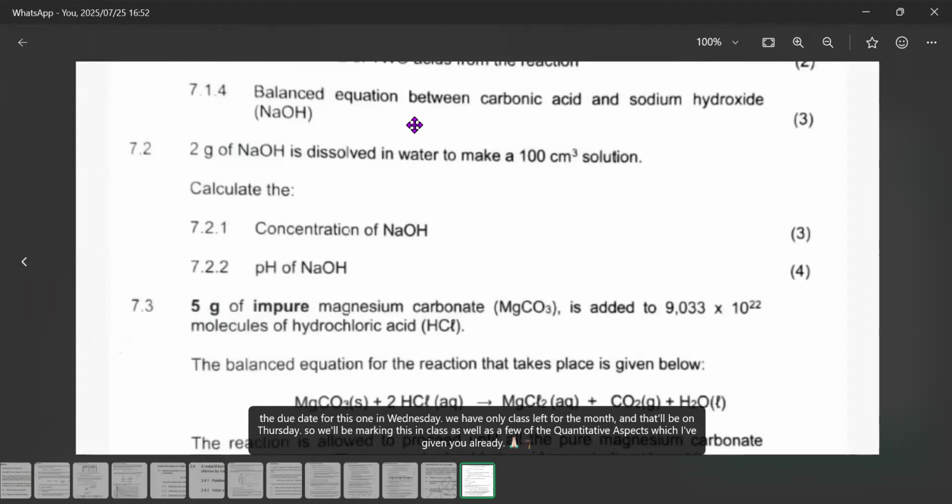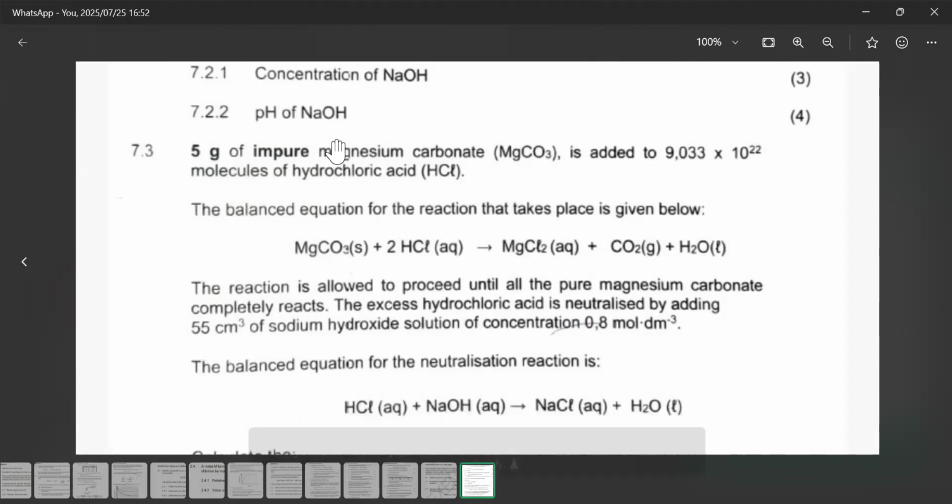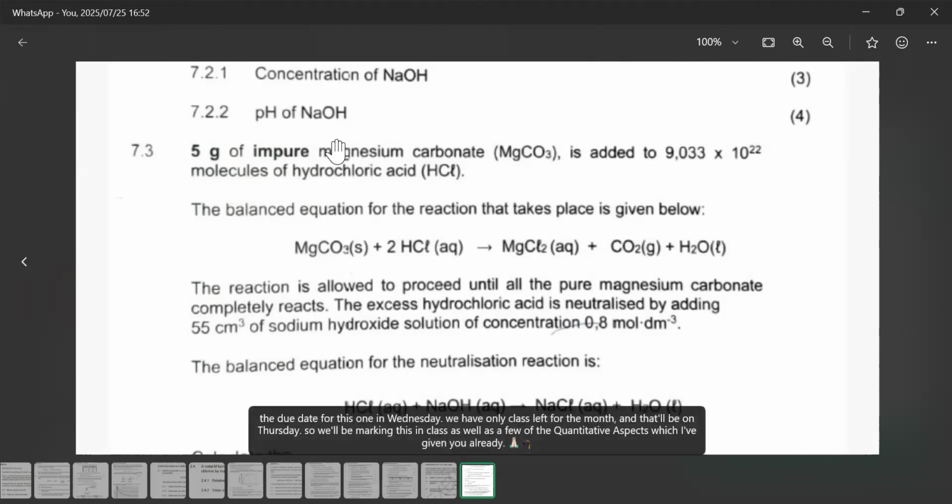So the question is, how can we find this? We just need to know what is the mass that is present in these 5 grams. And how can we find the mass of magnesium carbonate? Well, that's if and only if we know the number of moles of magnesium carbonate. Now the question is, how can we find the number of moles of magnesium carbonate? Well, we can find them by actually finding the number of moles of the acid that reacted with magnesium carbonate.